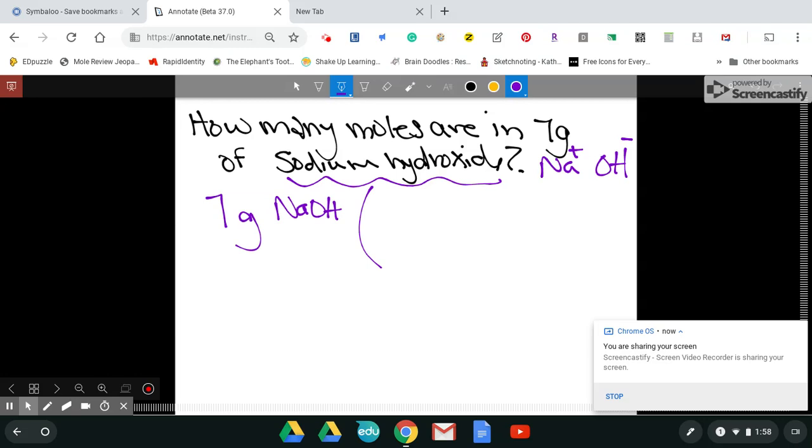So if I'm trying to get out of grams, 1 mole equals the amount of grams of sodium hydroxide. And sodium hydroxide's mass is 23 plus 16 plus 1. I'm doing this as a rounded version just to be quick.